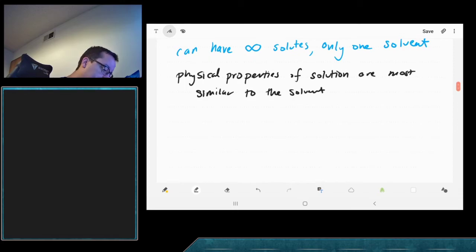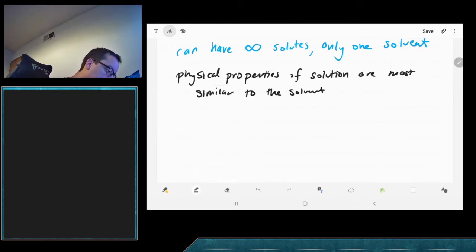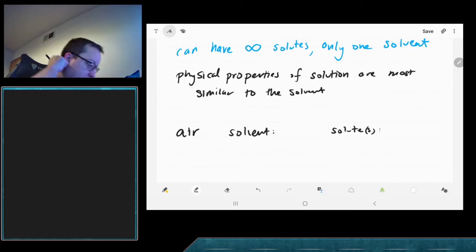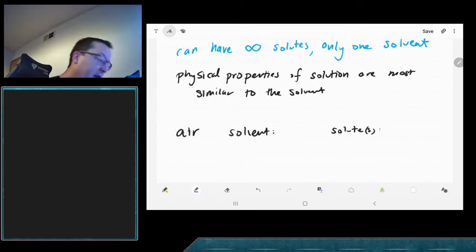Alrighty, so here is a solution. Based on what we know about air, if anyone remembers, what's the solvent going to be for air?